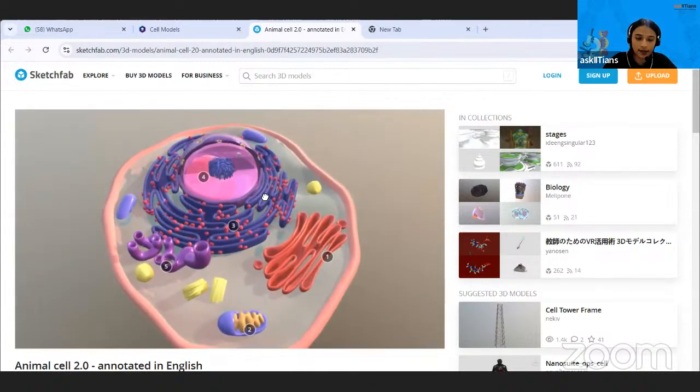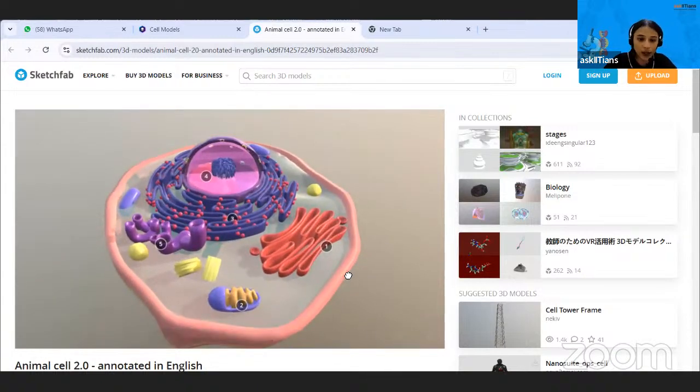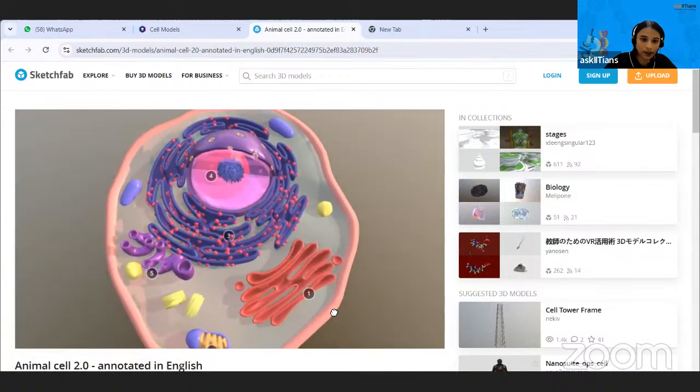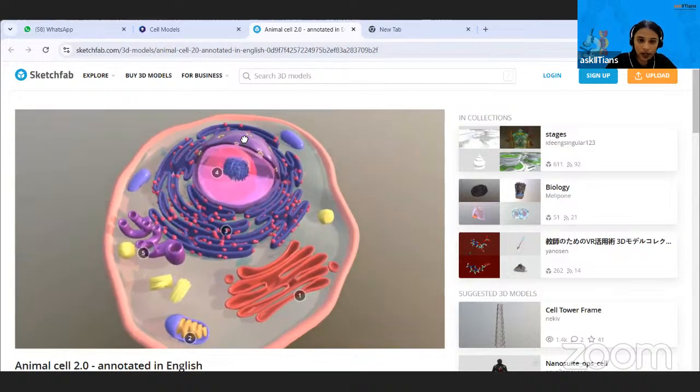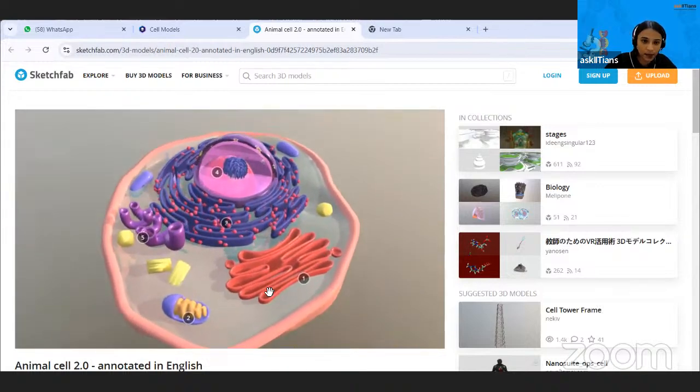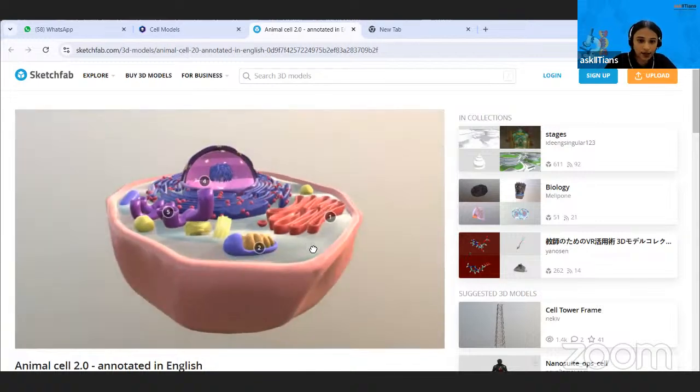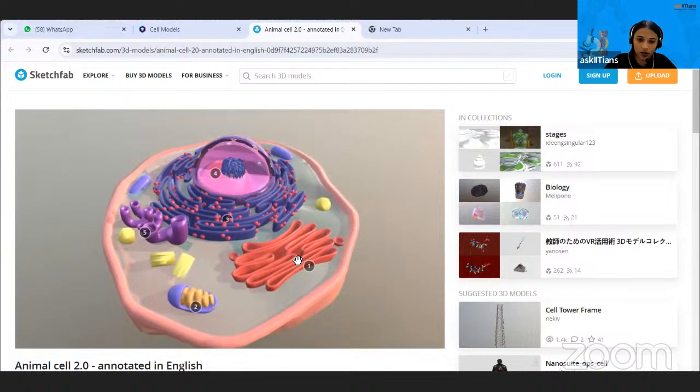So here in this model, you can see these different compartments. This is our nucleus. This is one compartment, and this is another compartment, your Golgi, and here you can see the endoplasmic reticulum.